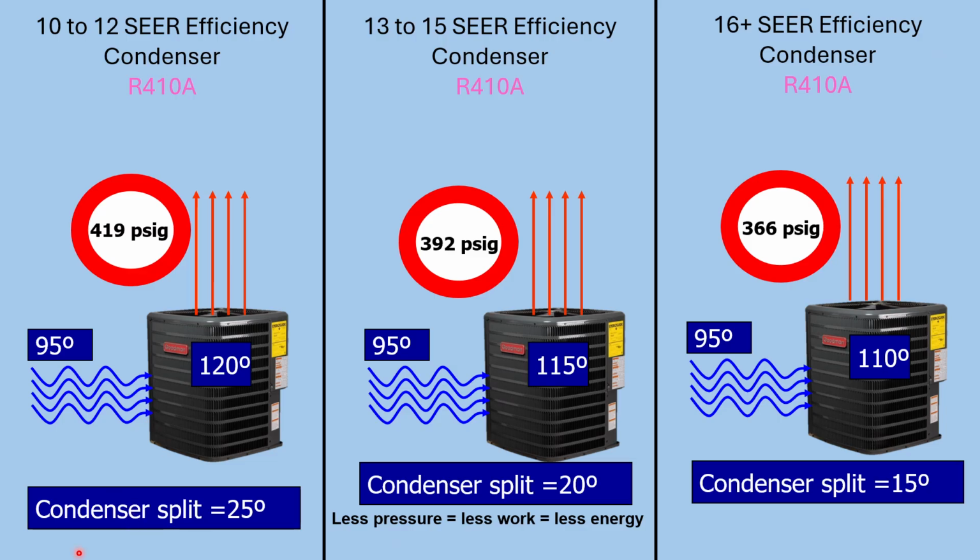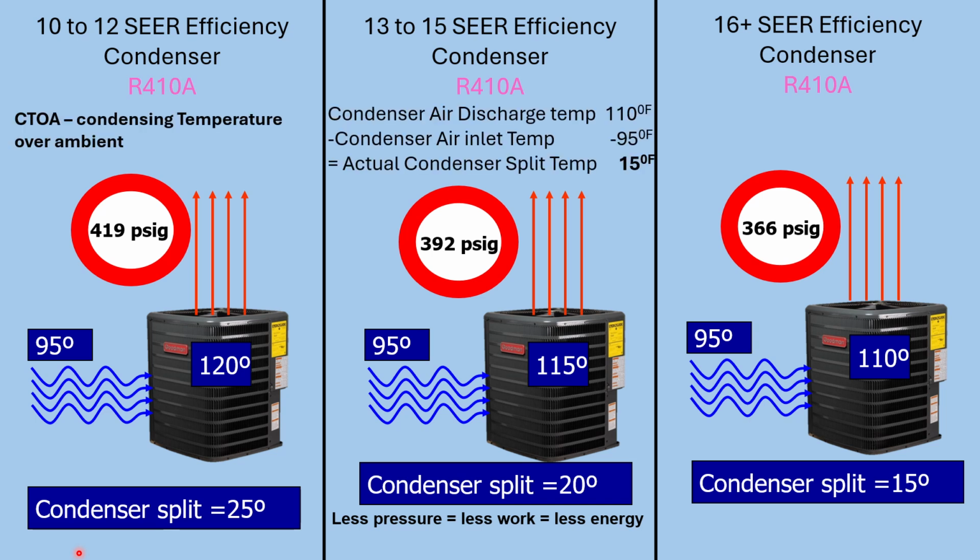And here we have a couple of scenarios, and this is just showing you what I was talking about. The condensing temperature over ambient. So we know that this one says it's 25, and if that's so, we would have a saturation temperature of 120. And this one, condenser split 20 degrees.